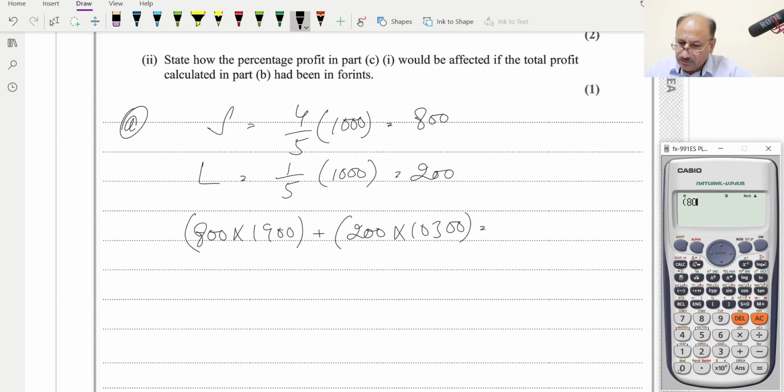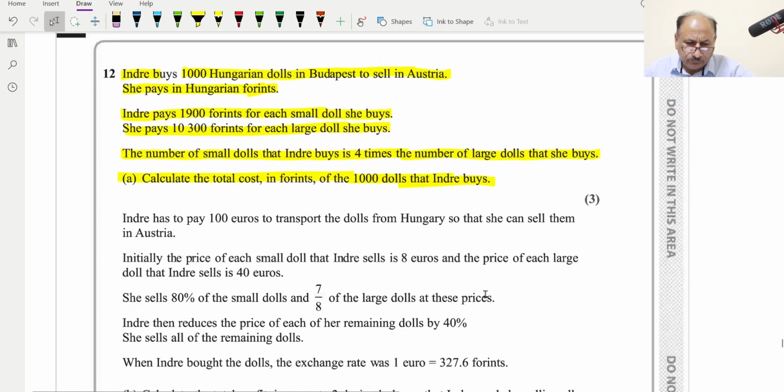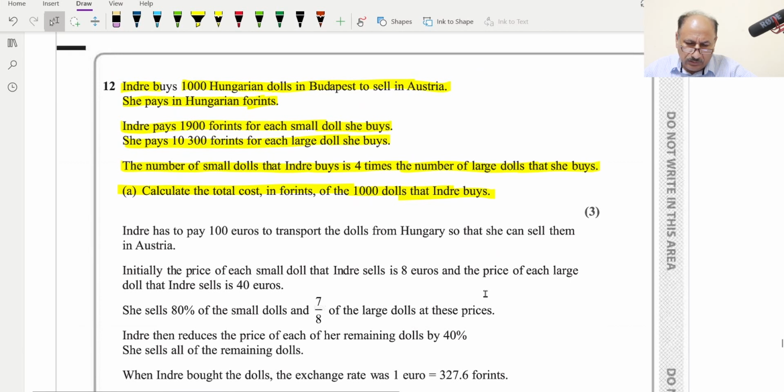We will check. 800 multiplied by 1900 plus 200 multiplied by 10300 will be equal to 3580000. This is the amount she has spent, and in euros basically we have to answer this one.